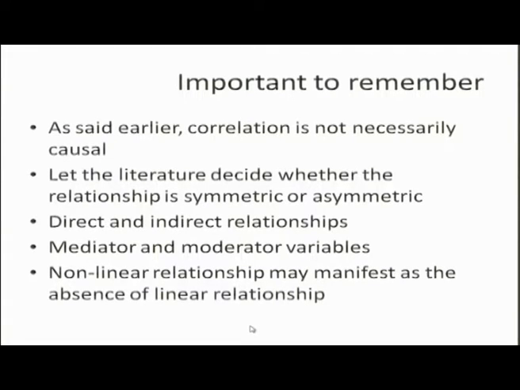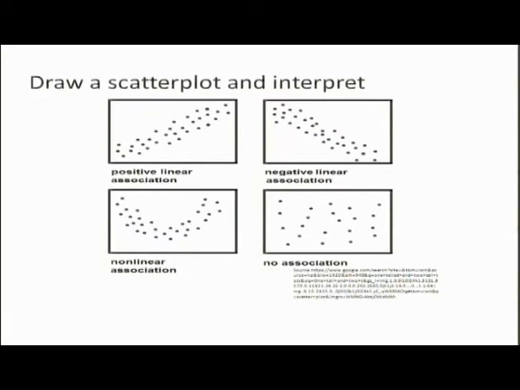Actually, in the previous case, if you calculate a correlation coefficient between x and y, you may find that the correlation is weak or 0. It does not exist or it takes a very small value.